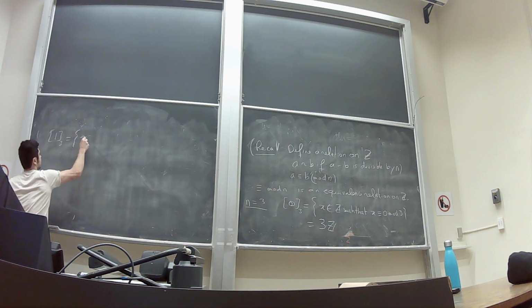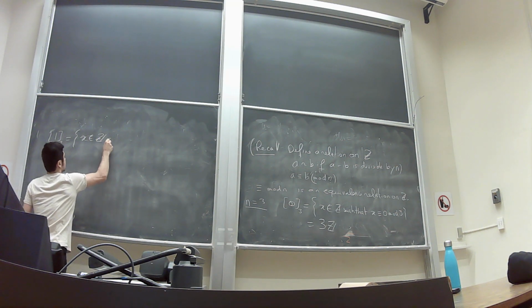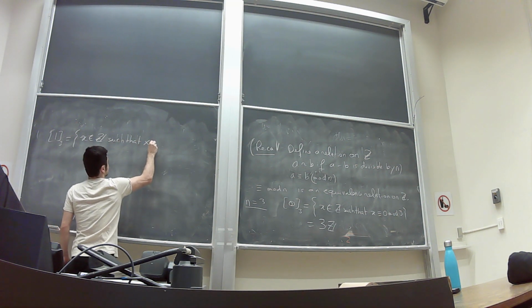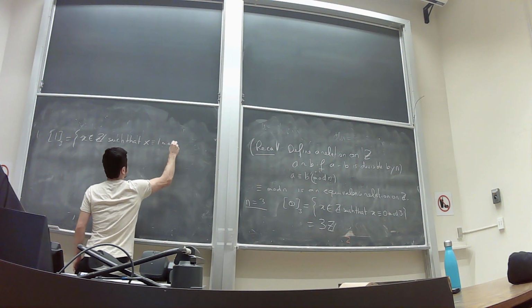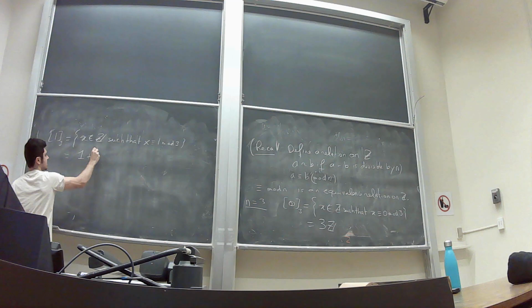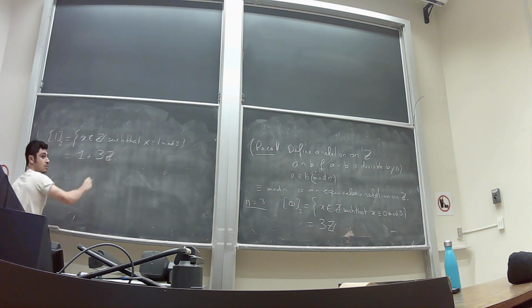The equivalence class of 1 is the set of x in z such that x is congruent to 1 mod 3. So what is that? This is 1 plus 3z. Remember this? And the equivalence class of 2, what is it?